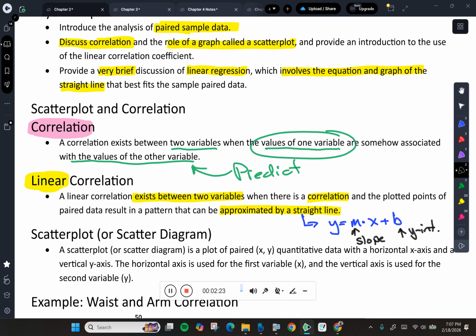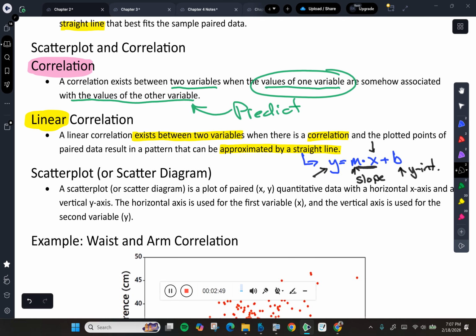And so a linear correlation says one variable can predict the other variable because the relationship is linear. Right? So in this text, at this level of stats, when we look at correlations, we're going to restrict ourselves to linear correlations. Right? All right.